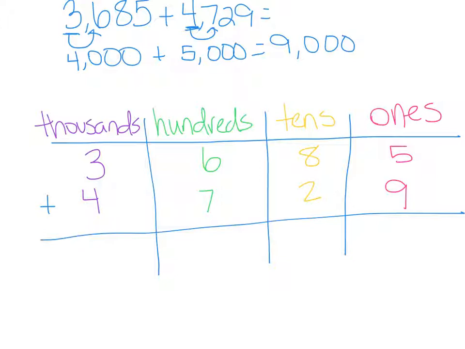So starting with my ones place, 9 plus 5 is 14. So I'm going to go ahead and leave those 4 ones there. I'm going to go ahead and trade those 10 ones for a 10.